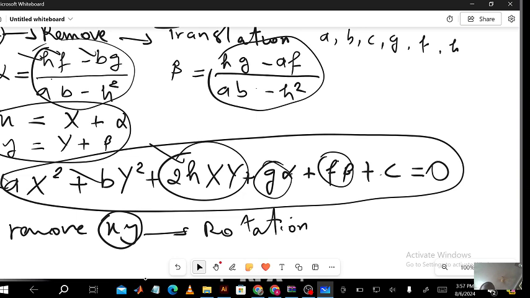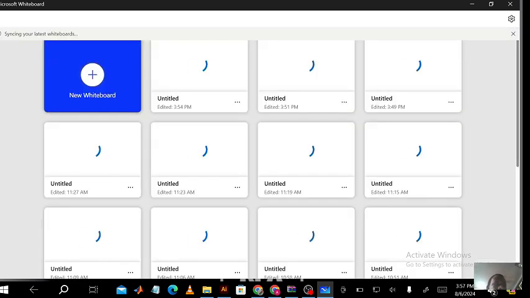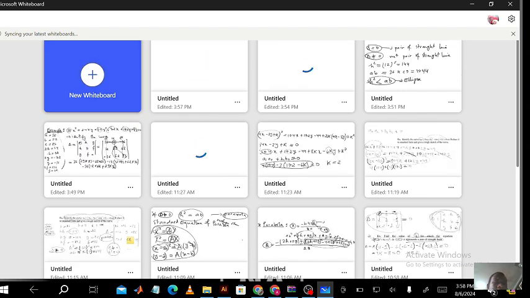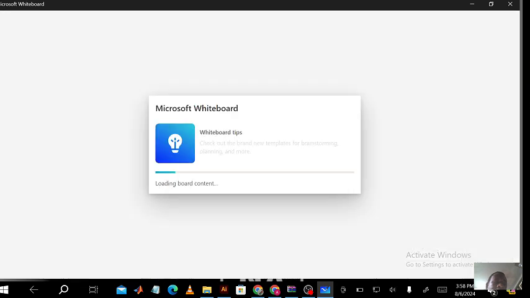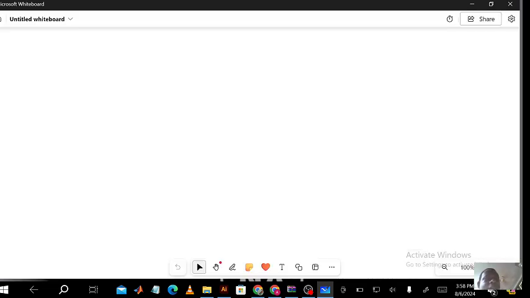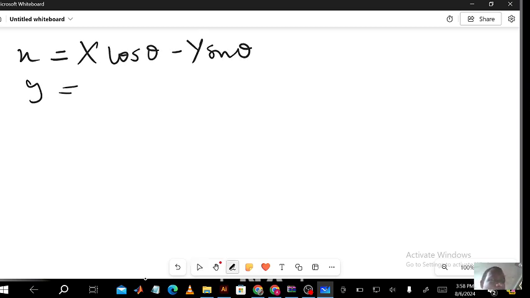If it is rotation, I have to determine the angle, because in rotation the equation of transformation is x equals x cos theta minus y sin theta, and y equals x sin theta plus y cos theta.